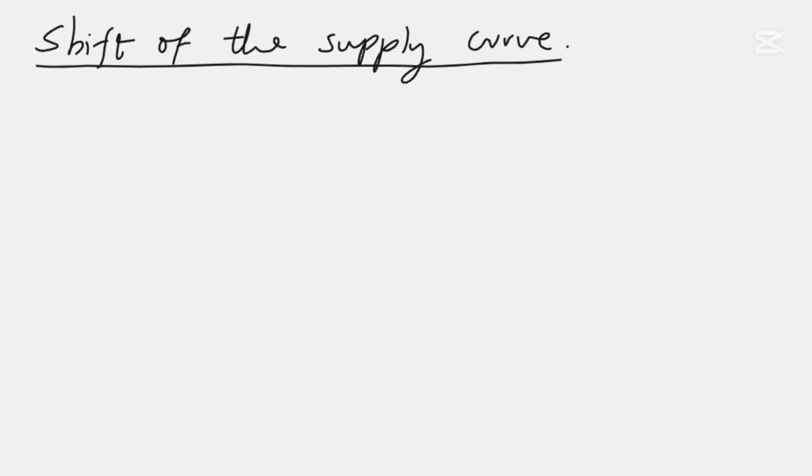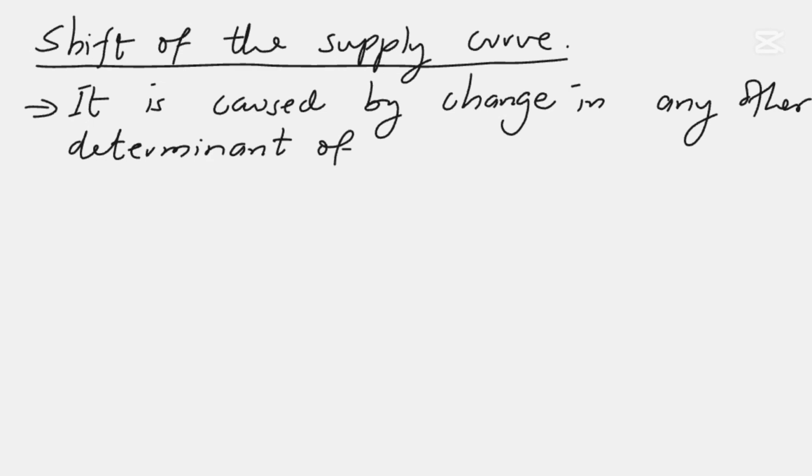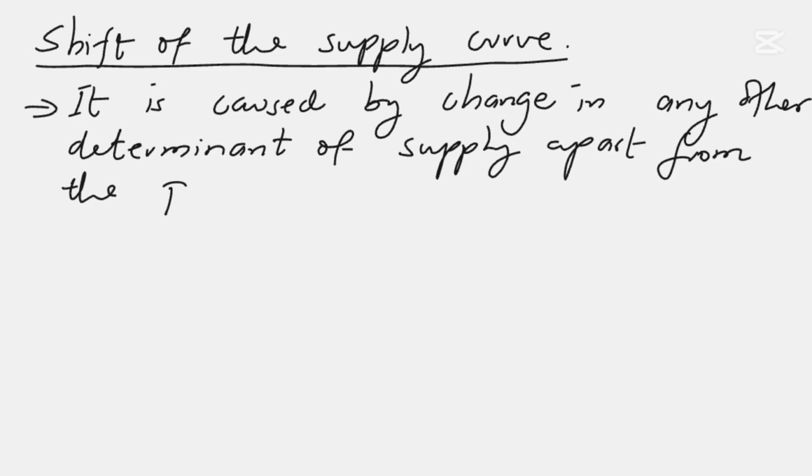Unlike movement, a shift is caused by change in any other factor or determinant of supply, other than the price of the product.